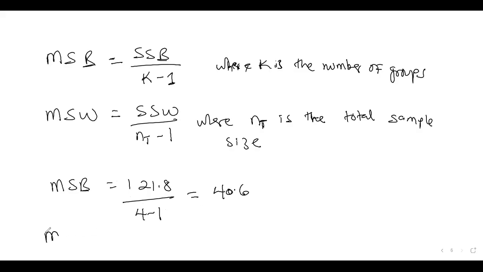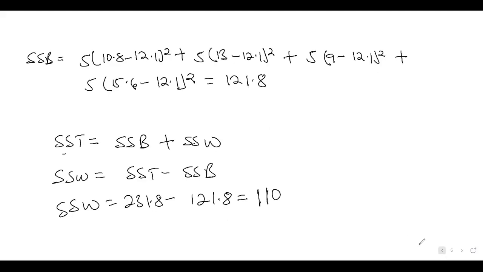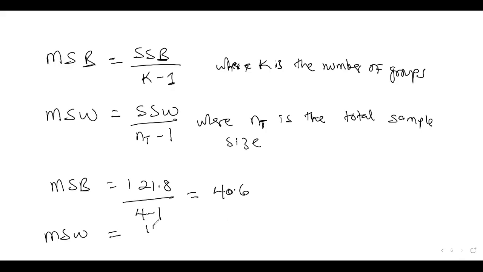Then for mean squared within, that's going to be the sum of squared within over total sample size minus 1. So the sum of squared within was 110. The total sample size is, remember, the sample size of each group was 5, so the total is 20.